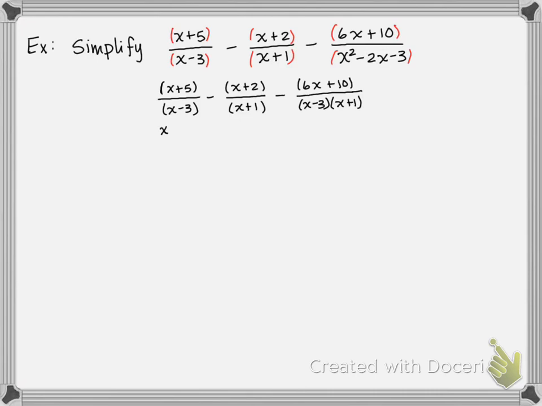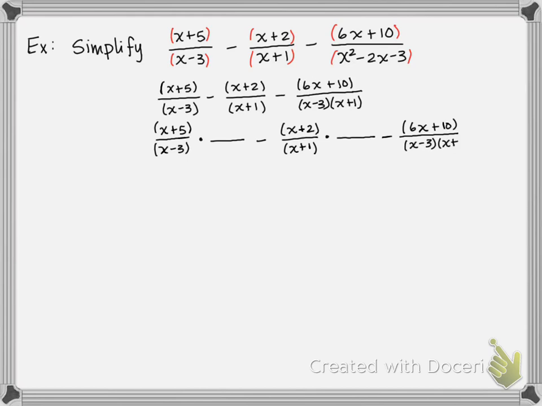Okay, so we've got x plus 5 over x minus 3 times something, minus x plus 2 over x plus 1 times something, and then 6x plus 10 over x minus 3 times x plus 1 times something.